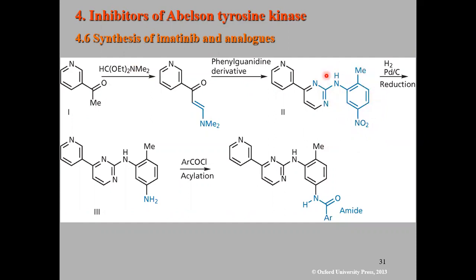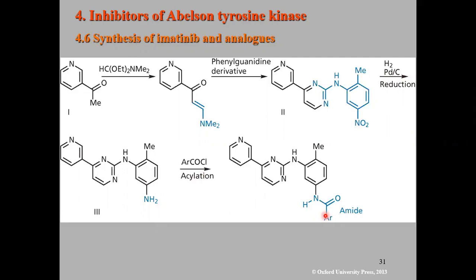Then it's just reduction of the aromatic nitro group to aromatic amine. As you can see here, this NO2 will be reduced using palladium over carbon to NH2. Then just acylation of this amine to form the amide analog.